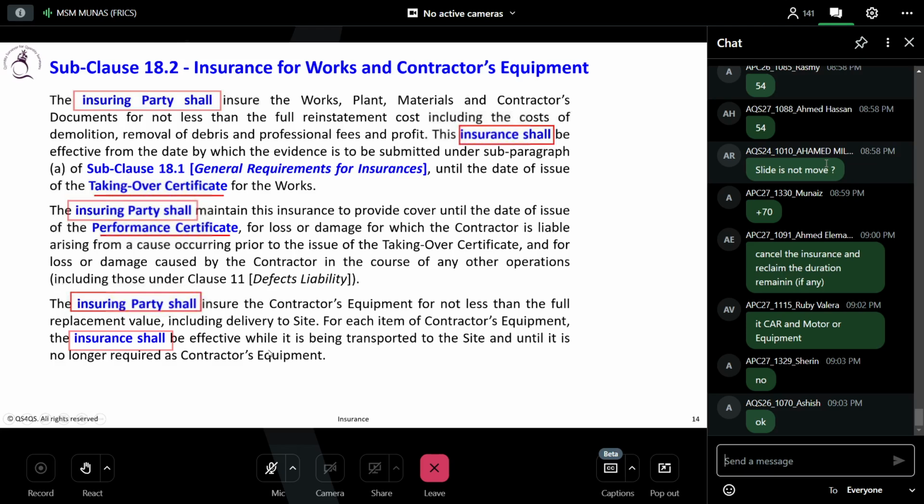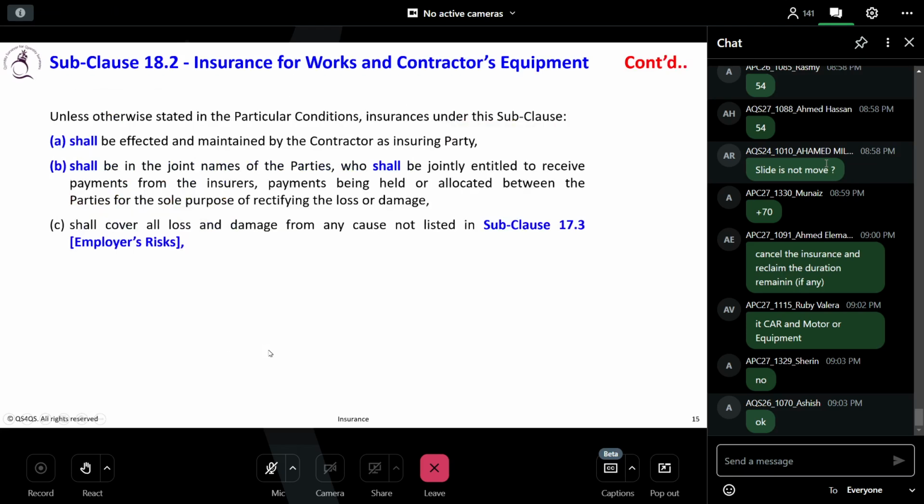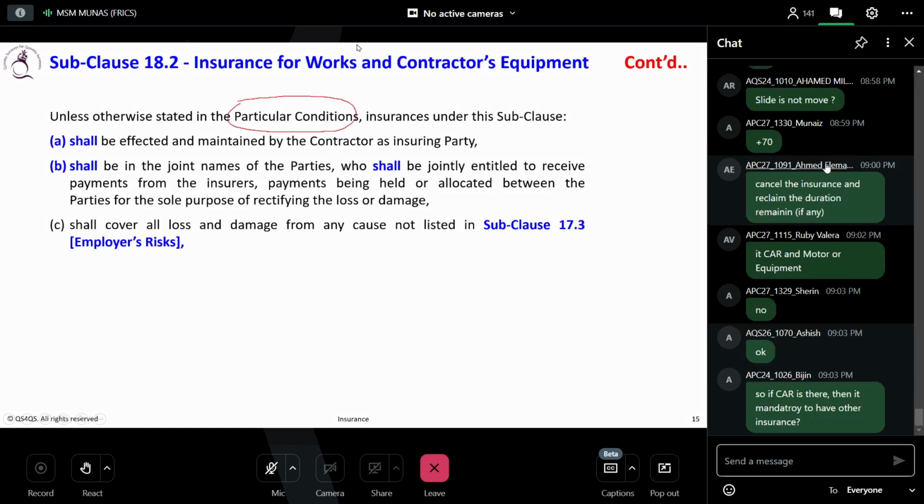This subclause further says, unless otherwise stated in the particular conditions. Now look at this. The particular conditions are where you make all the changes. The insurance under this subclause shall be effected and maintained by the contractor, unless otherwise stated in the particular conditions.